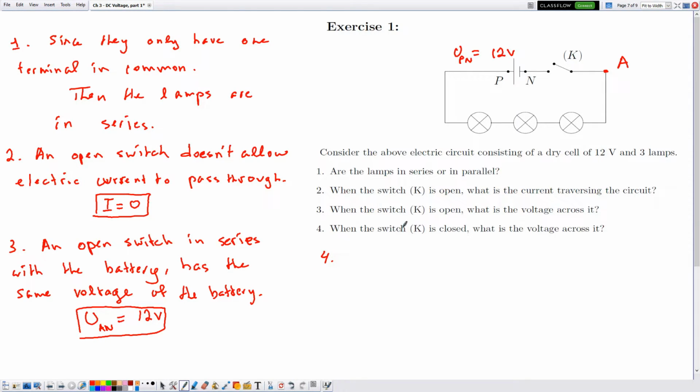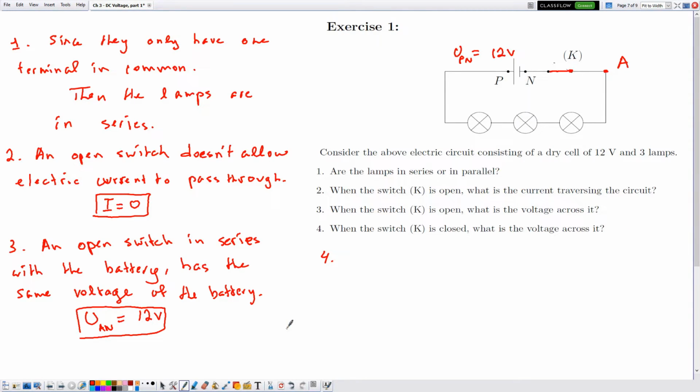Now in number 4 they are telling me when the switch key is closed. We close the switch now. What is the voltage across it?